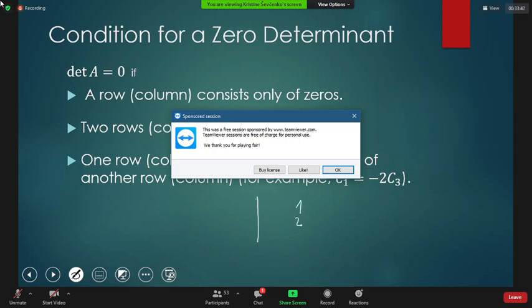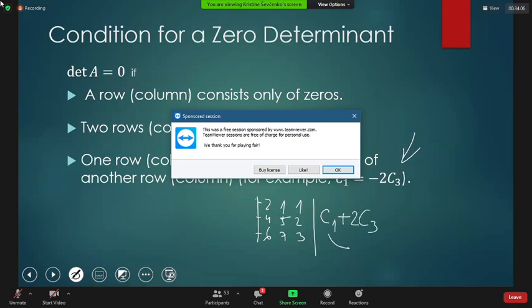Let's say 1, 2, 3, minus 2, minus 4, minus 6. I'm giving you an example. And here we might have 1, 5, 7, for instance. Doesn't matter what. So in this case, I could say column 1 plus 2 times column 3.